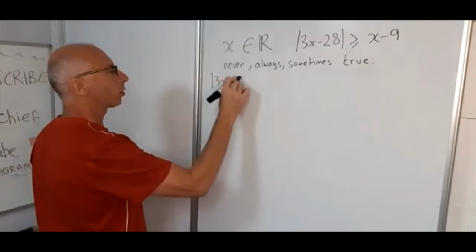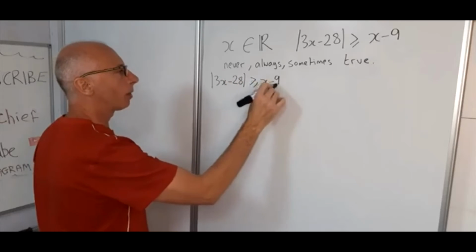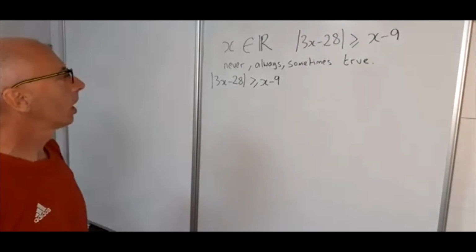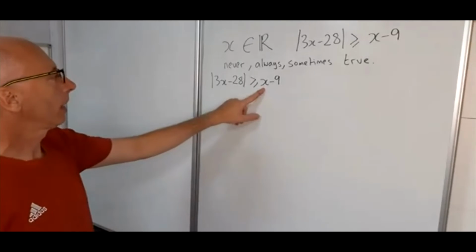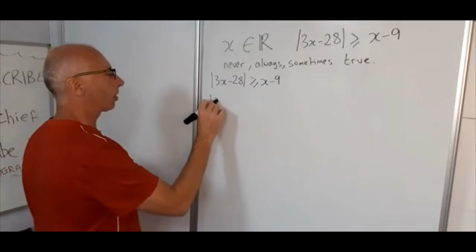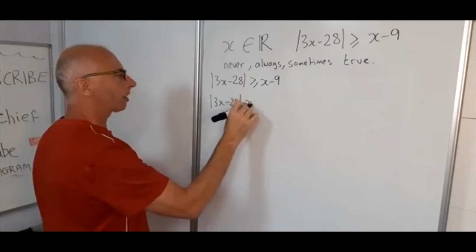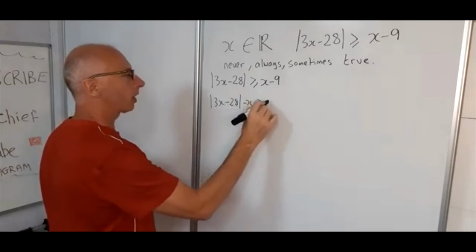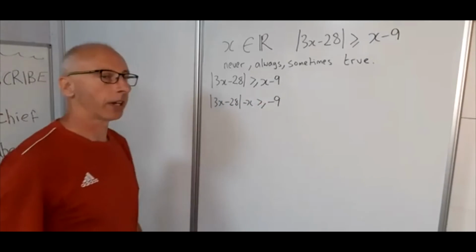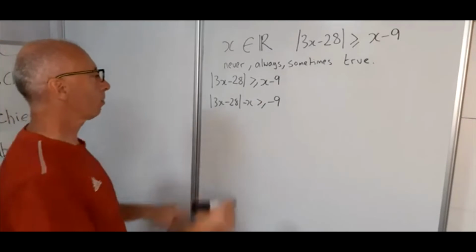3x minus 28 is greater than or equal to x minus 9. Okay, now let's bring the x across. So 3x minus 28 minus x is greater than or equal to minus 9. So now 3x minus the x, we've got 2x.